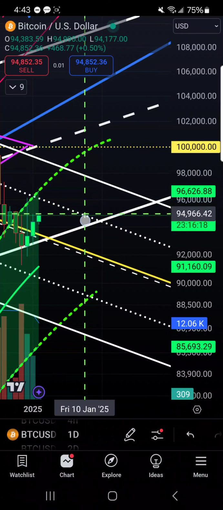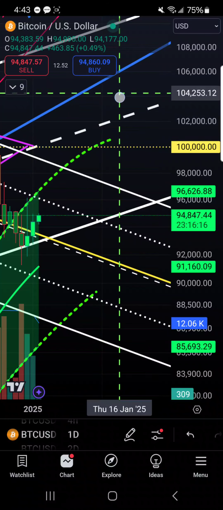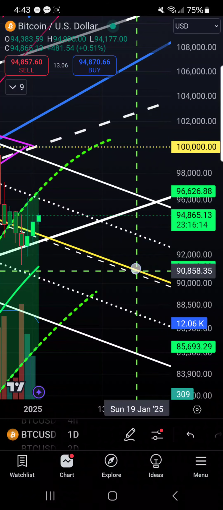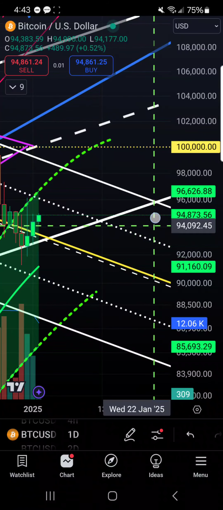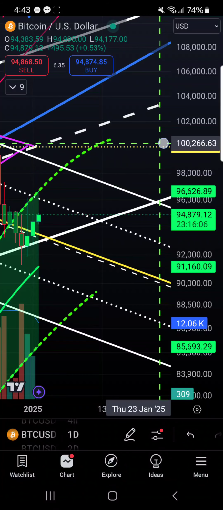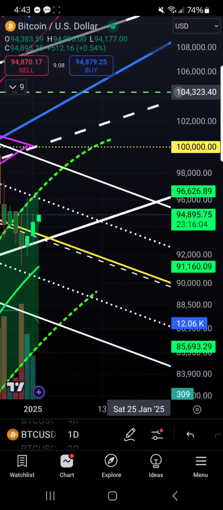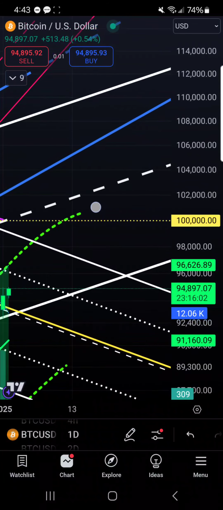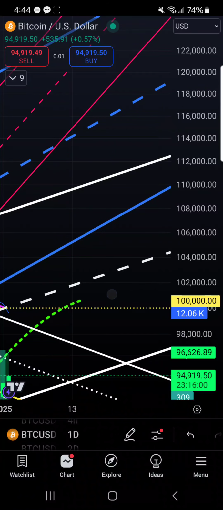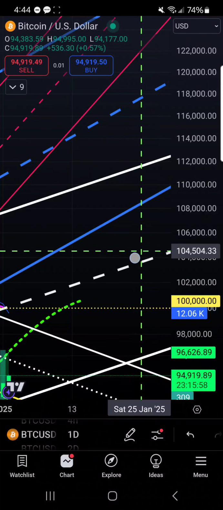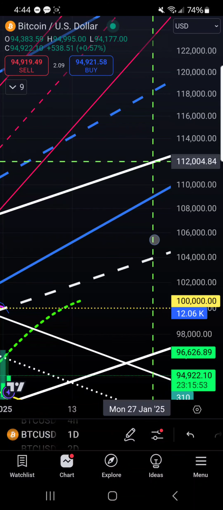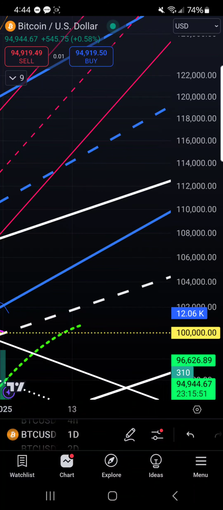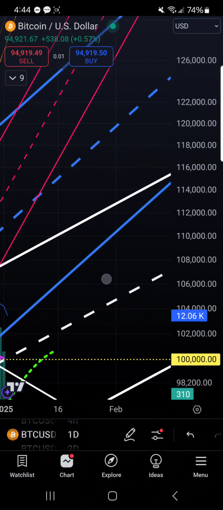So we'd have some interaction with the top part of the channel, break out of it briefly, come back down to the bottom of the Gaussian channel as it continues on over here, and then move through it and bust above it and continue our parabolic rally, I believe. Now, towards the end of the month, end of January.